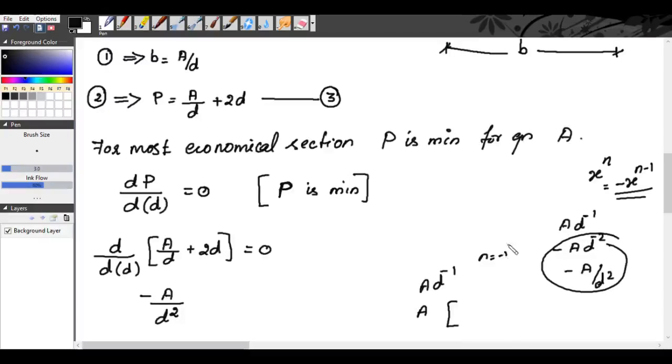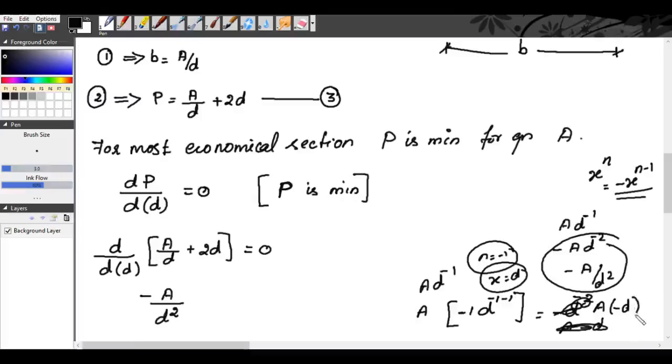Here n is equal to minus 1 and x is D, so we get D raised to minus 1 minus 1, which is minus D raised to minus 2. That is why A into minus D raised to minus 2, so it is minus A by D square.